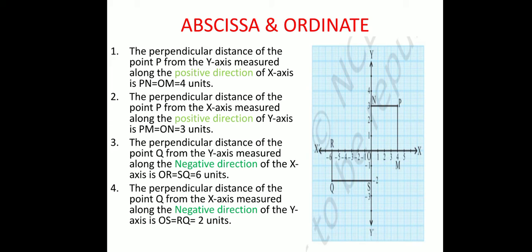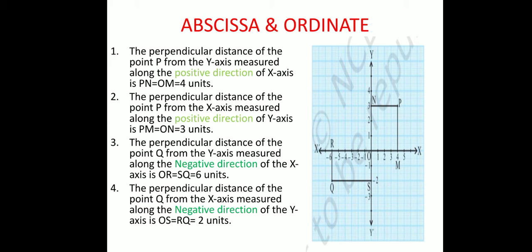Second, the perpendicular distance of the point P from the x-axis, measured along the positive direction of the y-axis, is PM. PM is the distance equal to 3 units, and also ON is equal to 3 units. So we can write PM equals ON, and ON equals 3 units.